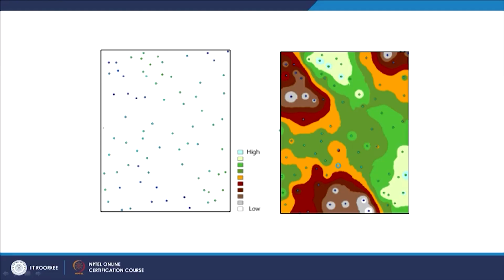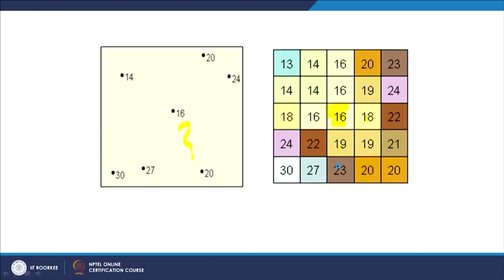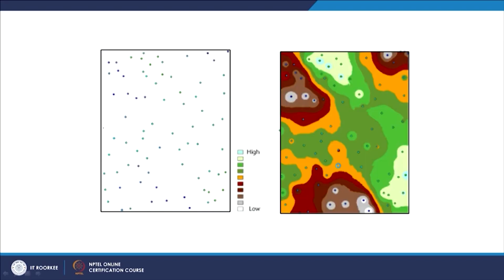But if you have just a few points as input for spatial interpolation, the level of confidence in your output may not be as high as in this case. So, one has to remember, if possible, bring as many observations or points as possible before interpolation, so that you are likely to get higher accuracy.